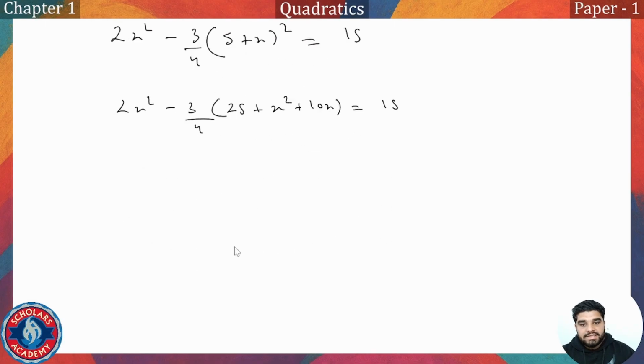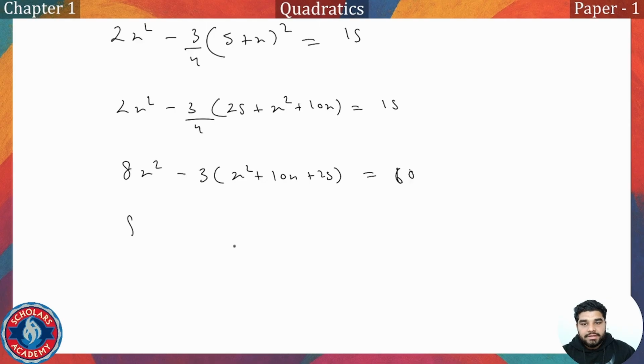We'll take LCM over here, we get 8x square minus 3 times (x square plus 10x plus 25) is equal to, 4 goes to the other side, gets multiplied with 15 and gives us 60.